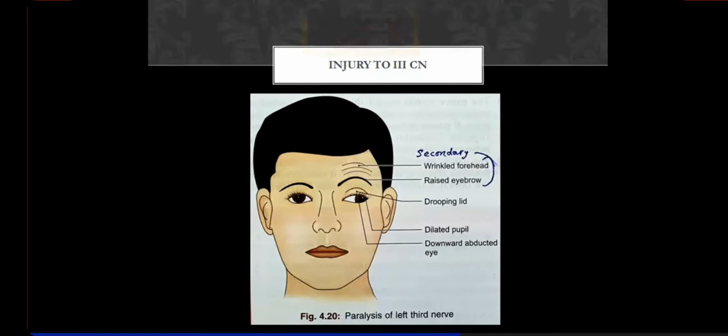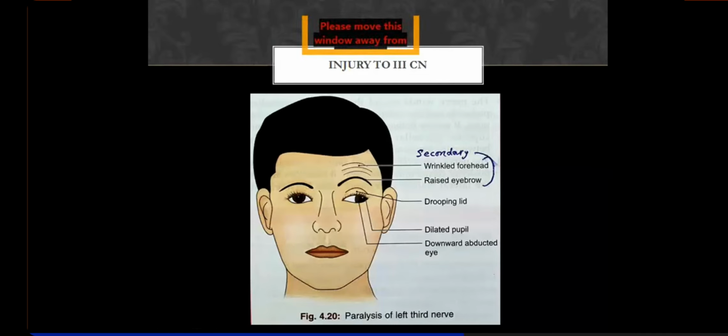So in the early course of compression of the nerve, you will find loss of the response of the smooth muscles. So the autonomic loss will be the early loss, and that's why in early symptoms of oculomotor nerve injury, you will find that accommodation reflex and pupillary reflex are lost, and the lateral squint will be a later phenomenon. ठीक है, so तीन चीजें याद रखनी.